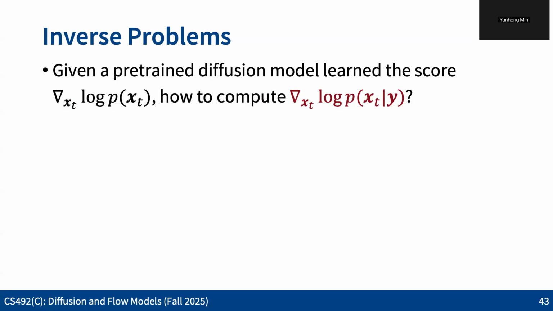But now what we want to do is conditional generation, which means that we want to compute the conditional score here, the score of xt conditioned on y. So given that we only have this information, how can we compute this? This is basically the problem that we are solving.